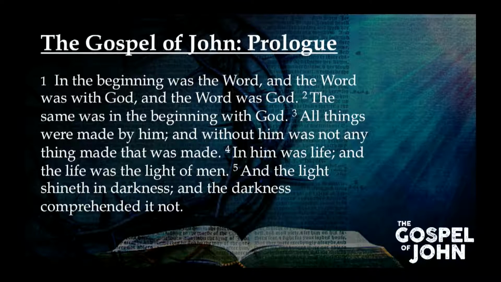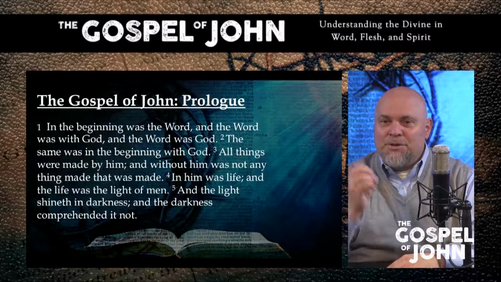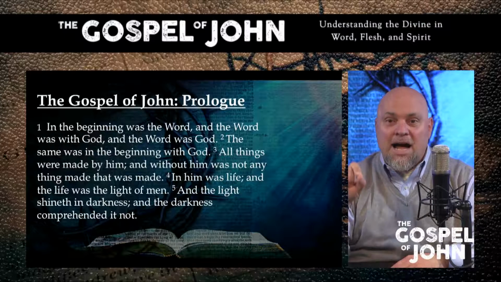The same God, the same Word that created heaven and earth is now present at Christ's entrance into the world. It makes perfect sense. What did God do in the book of Genesis? He entered the void, and he created through his Word. God said, let there be light. God said.